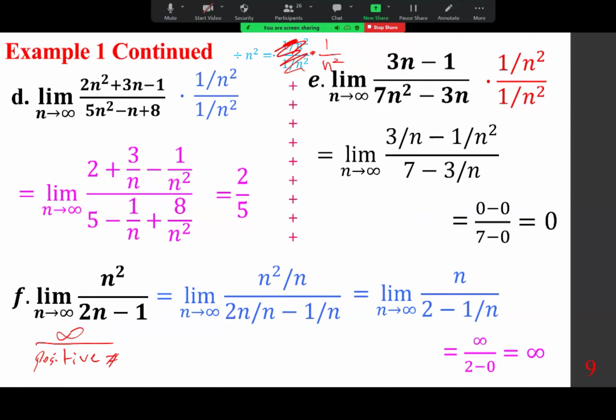If it's negative infinity, that's different. Square root of infinity, cube root of infinity, infinity squared, infinity times 5 or 10 or 2, they are all infinity. Okay? So when we say infinity divided by 2, that is equal to infinity.